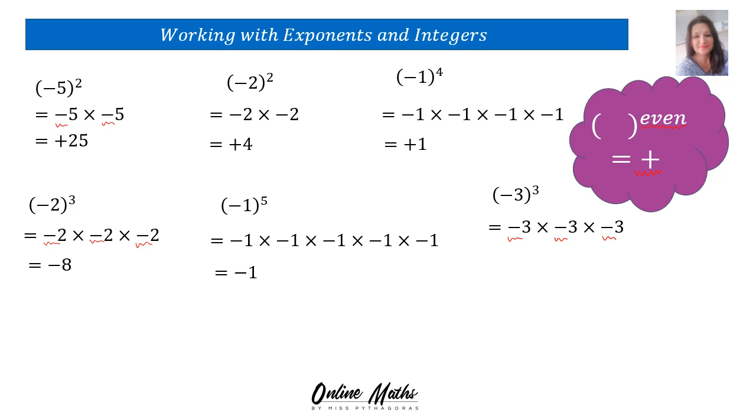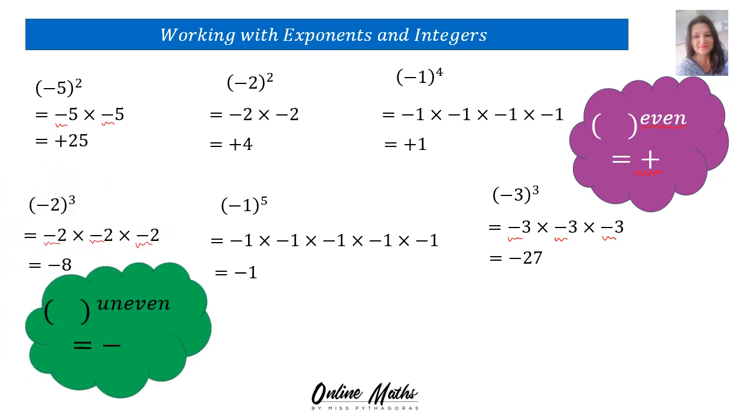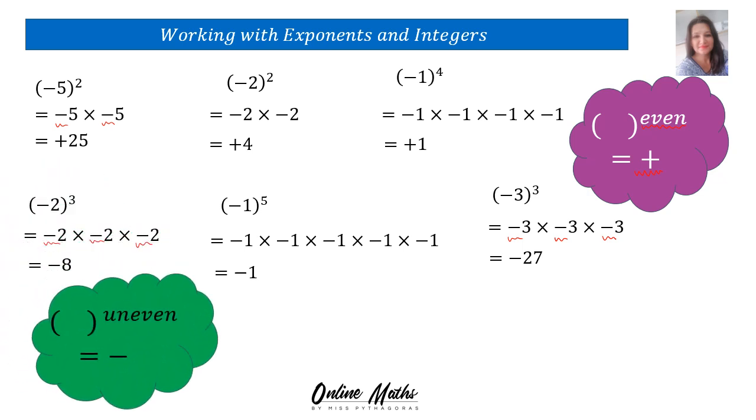And 3 times 3 is 9 times 3 is 27. Therefore, -3 inside a bracket cubed is equal to -27. What can you see? Whenever there is an uneven exponent, then your answer will be negative.